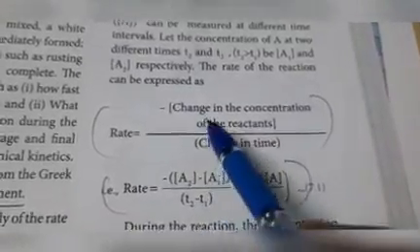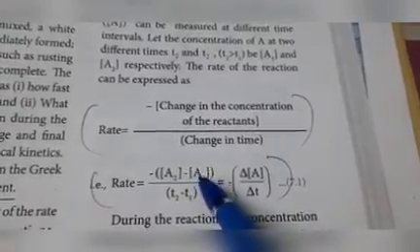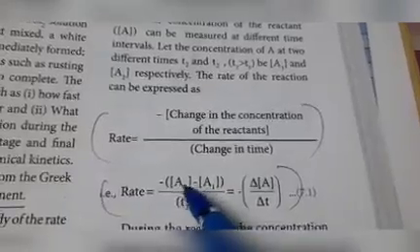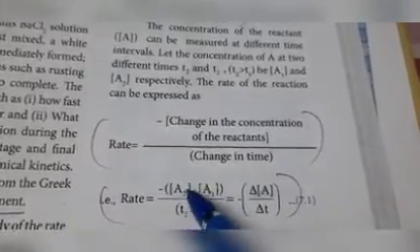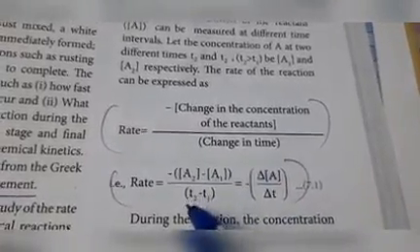And concentration of A2 minus concentration of A1, initial state, final state. So change means difference between initial state and final state divided by change in time, initial time, final time.